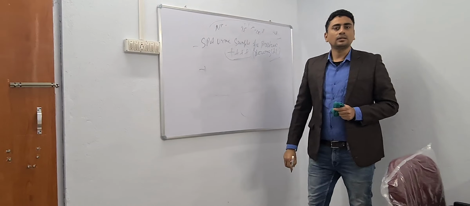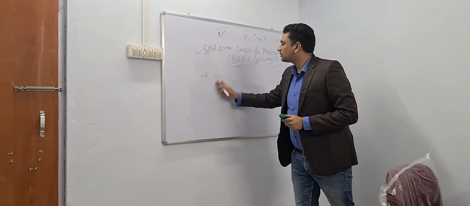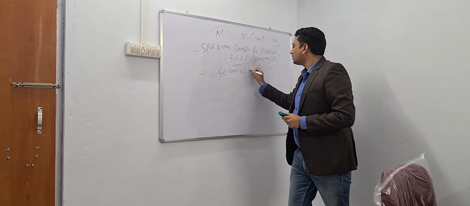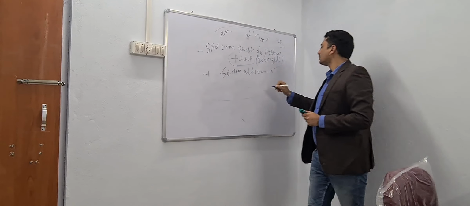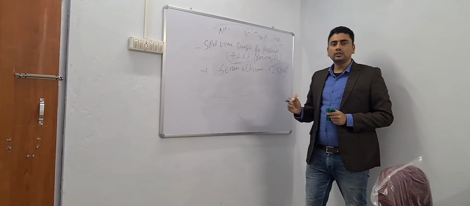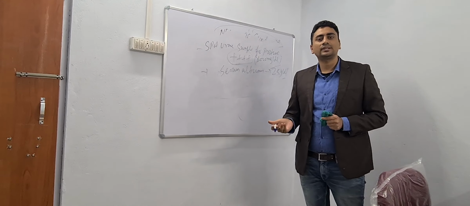And on blood examination, serum albumin was around 2.5 gram per dl. So there was reduced serum albumin, the normal range being 3.5 to 5.5 gram per dl.